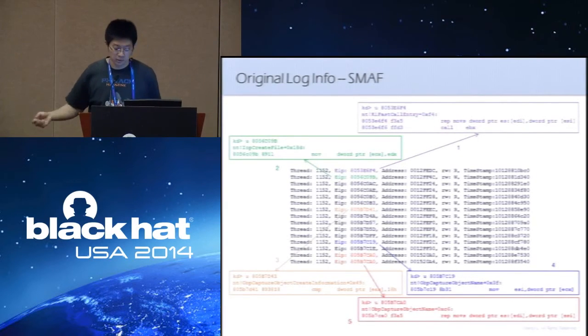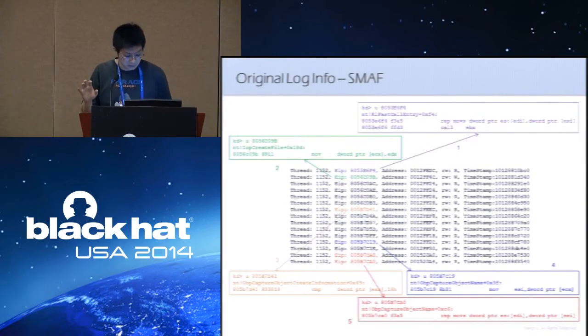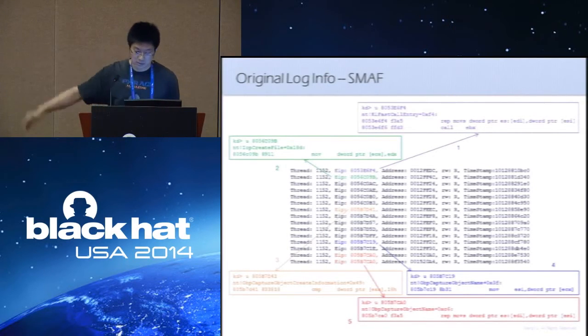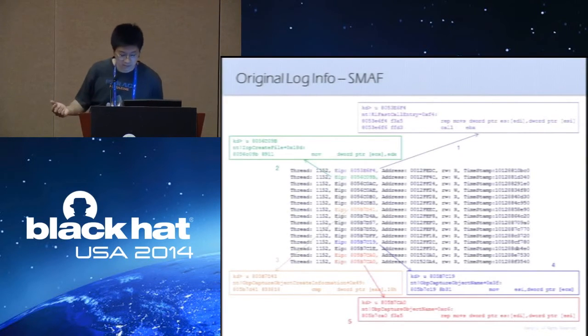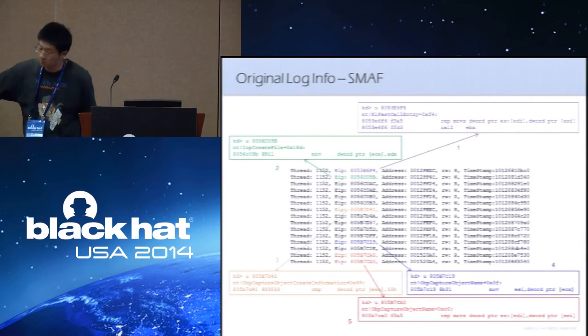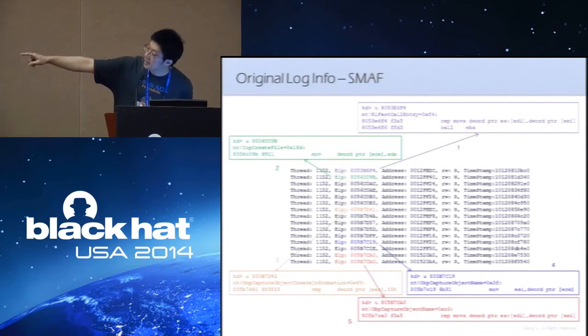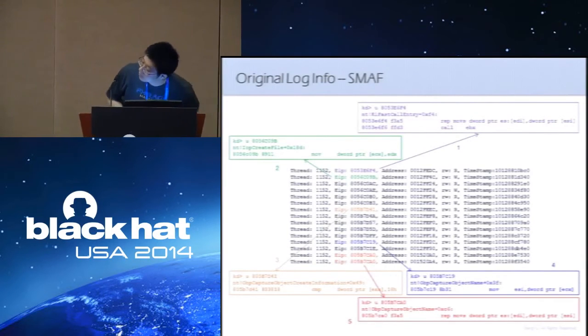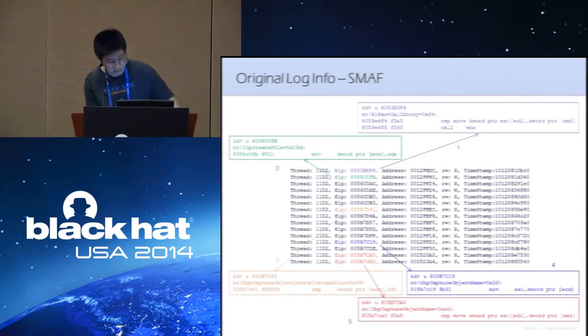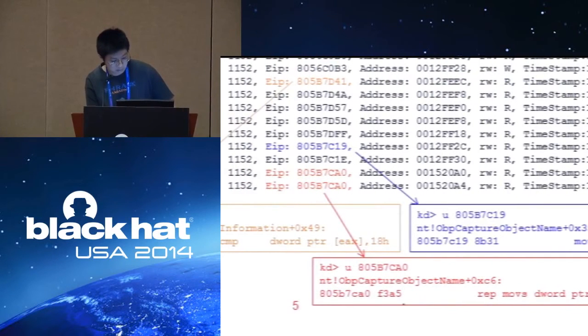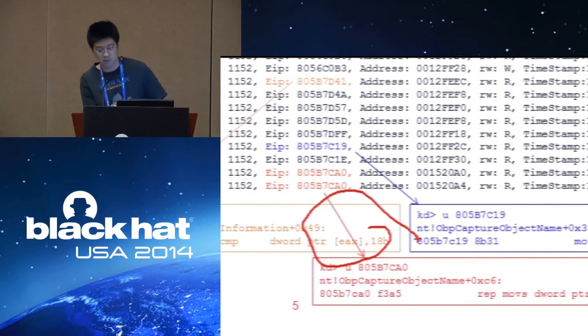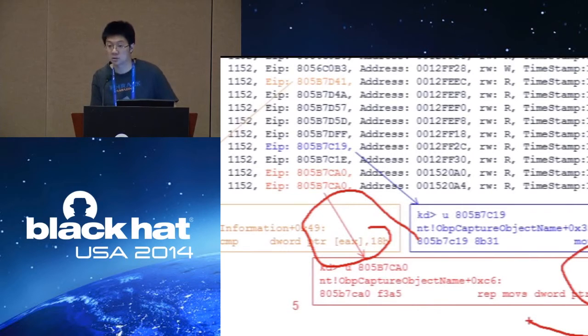And later we know IoQueryFile needs to capture the object name. So the red one and the blue one are the capture process, such as reading the input length. This is reading the input length, and this is probe and capture.